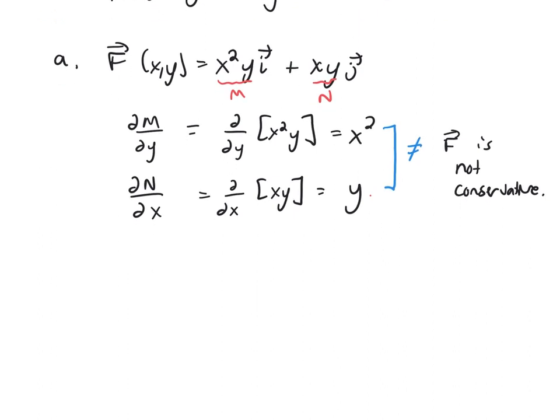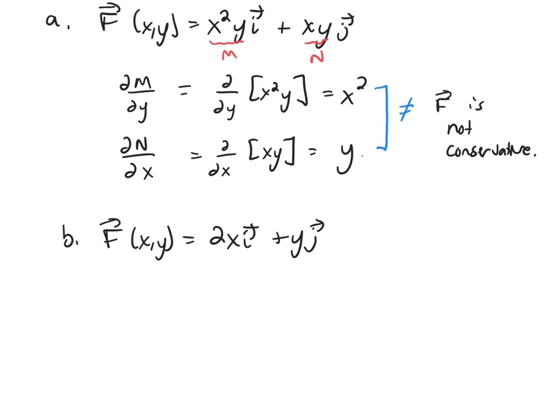Let's look at one more example. F of xy will be 2xi plus yj. So again, this is m, this is n. Partial derivative of m with respect to y.